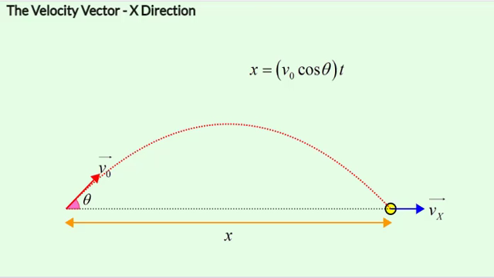v0 cos theta is the x component of the velocity, which is the component along the x-axis, and that does not change throughout the flight of the projectile. In order to visualize this better, let's slide another ball along the floor with a constant velocity of v0 cos theta, not v0, but v0 cos theta, the component of v0 along the x-axis.